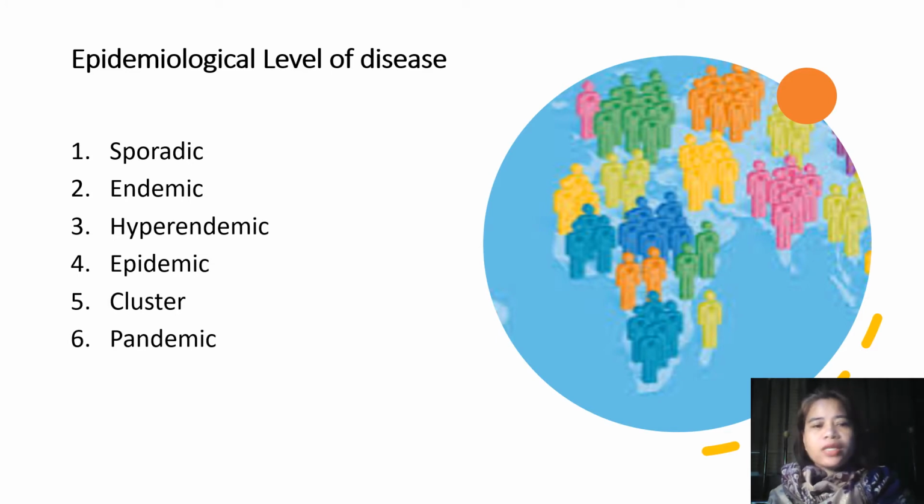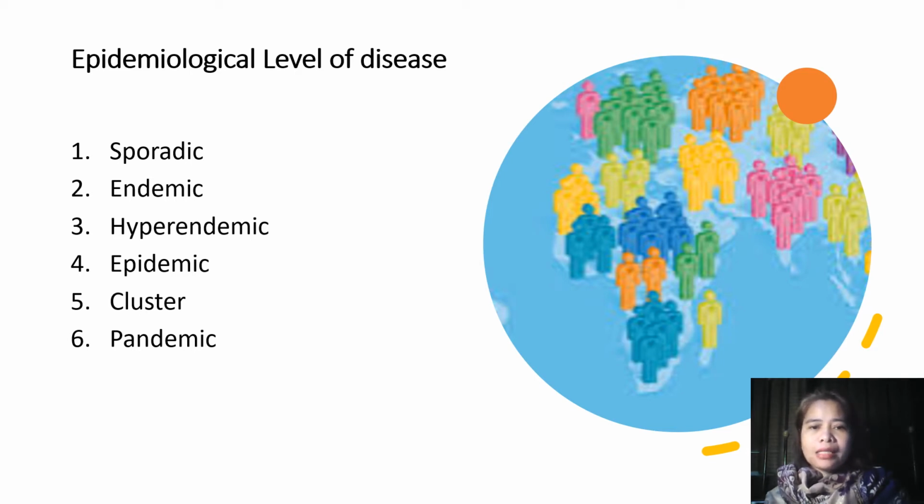Now, there are 6 epidemiological levels of disease that we can explore. First is sporadic. Sporadic refers to disease that occurs infrequently or irregularly, or you can say sparingly occurring in a particular locality. Next is endemic.